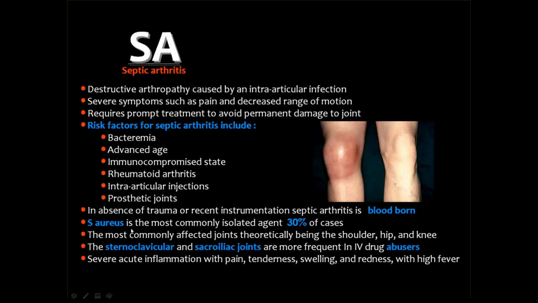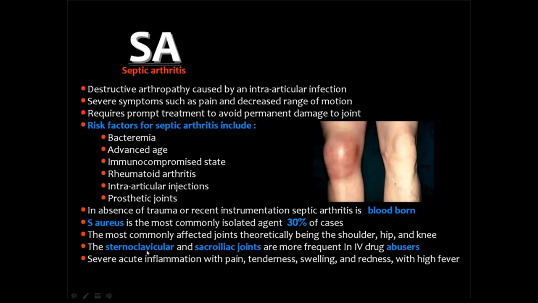Then, in absence of trauma or instrumentation, the cause is blood-borne. Staph aureus, as usual, is the most commonly isolated organism. The commonly affected joints are the shoulder, the hip, and the knee, and in my opinion, the hip is the most common one seen in clinical practice.